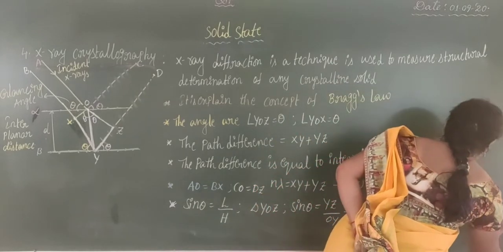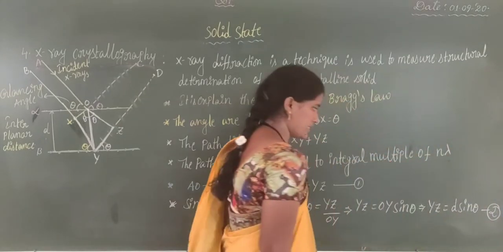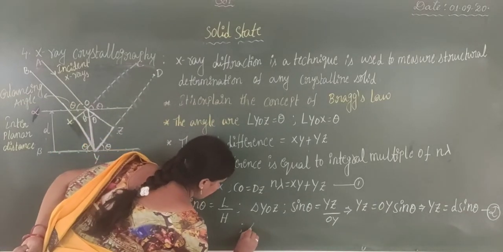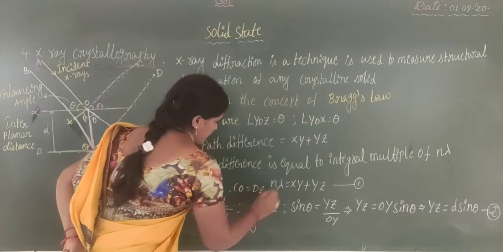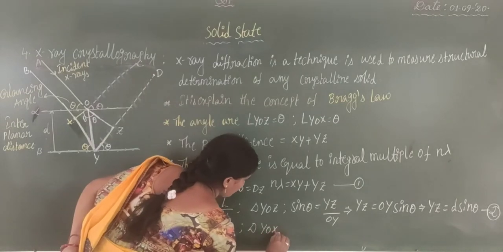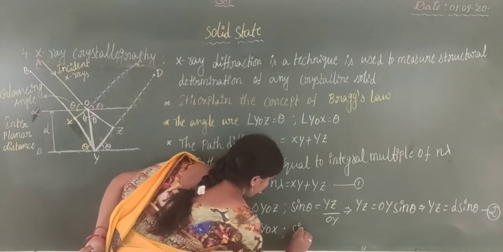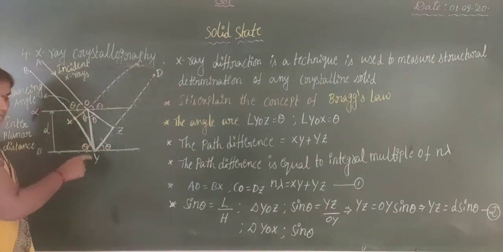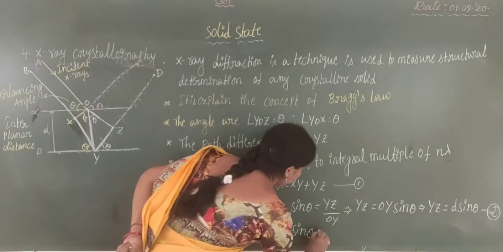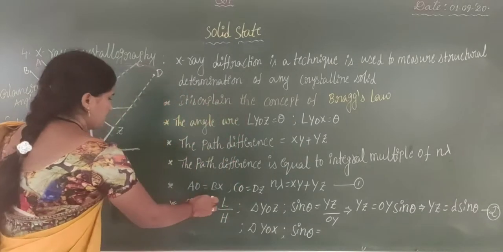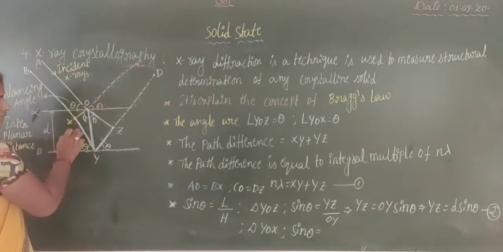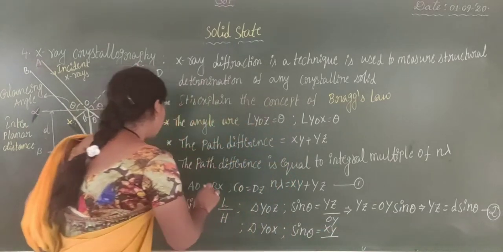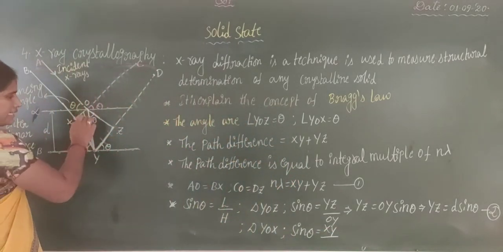Keep this as equation number 2. Now one more angle: the angle YOX. Sin theta is equal to the length of the perpendicular arm, XY, by the height, OY.